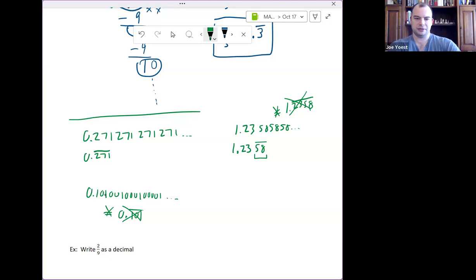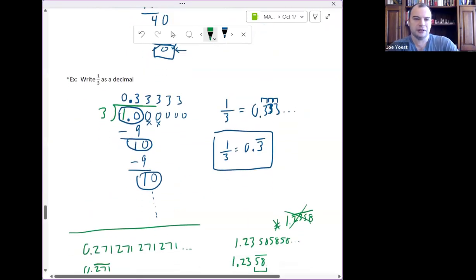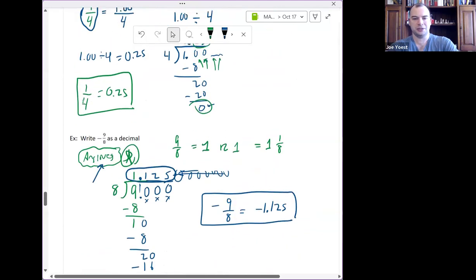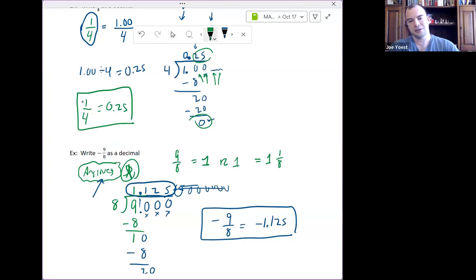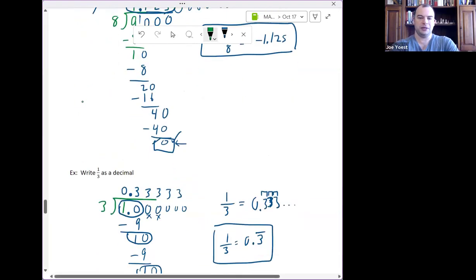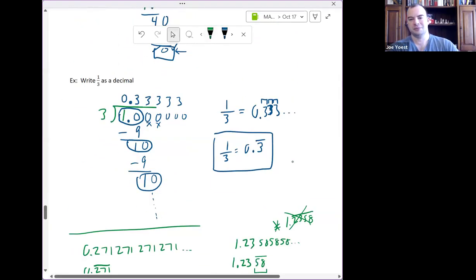It turns out that a complete characterization of fractions, as ratios of one whole number to another, are decimals whose decimal expansion either terminates, like this one here, 1.125, and that's it, or repeats, something like this.